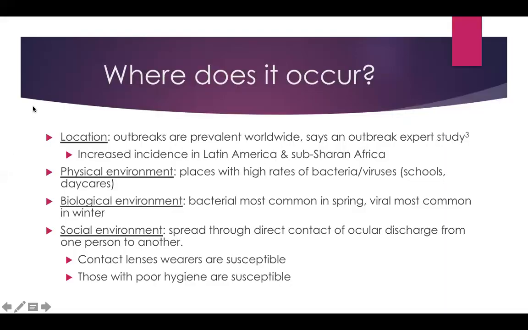All right, so we know the location that it occurs. It's pretty much spread out all over the globe, although there are outbreaks specific to certain areas, like we said, Latin America and Sub-Saharan Africa. But also the environment where pink eye is found is typical to places with high rates of bacteria and viruses in general. So typically we think of places like schools or daycares.